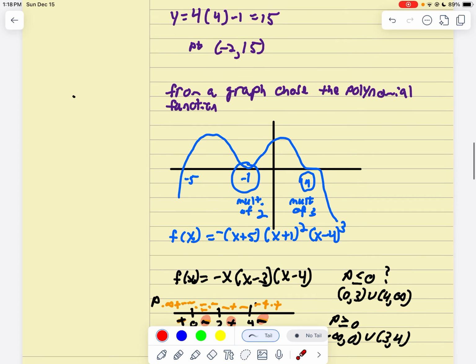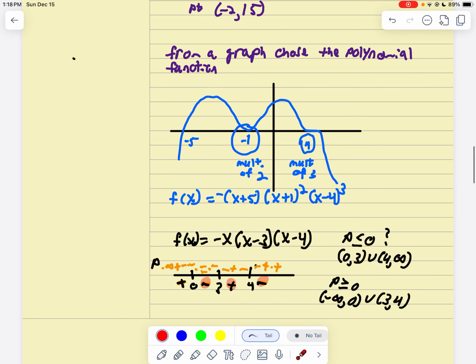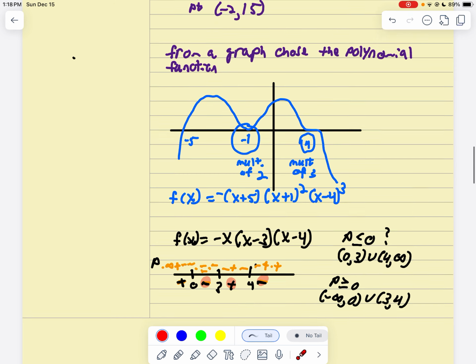All right? And we knew there was a negative, because if you look at this, this is a degree 1. That's 2. So 1 plus 2 is 3, plus 3 is 6. So it's an even degree. And you notice it's going down here and going down there. So you know there needs to be a negative sign in front because it goes down to the right. And since it's an even degree polynomial, it does the same thing to the left.